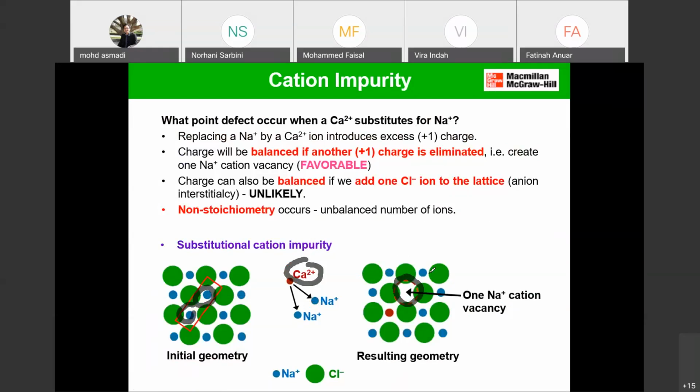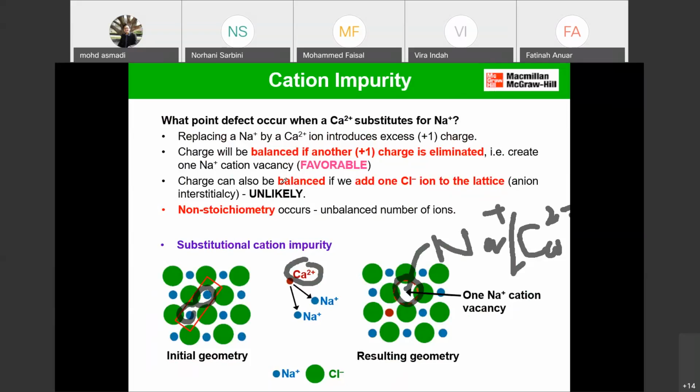This is because we want to balance the charge, or keep the same stoichiometry, so this is favorable. If you put Na or 2 plus here as well, it's not going to be balanced. So in order to balance, we need one space or vacancy here. The charge will be balanced if another plus one charge is eliminated.